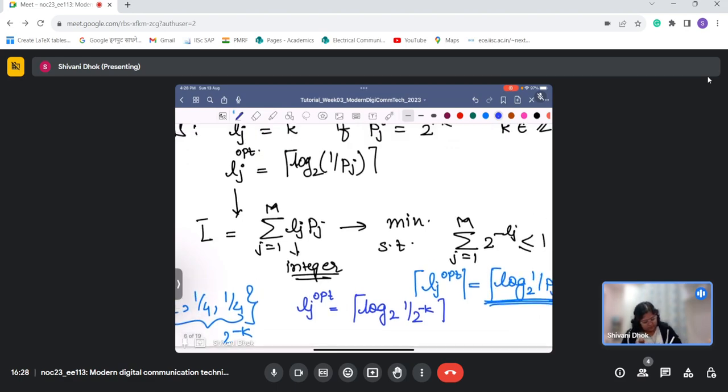So if I am getting this, I can write it as log 2 to the power k to the base 2.